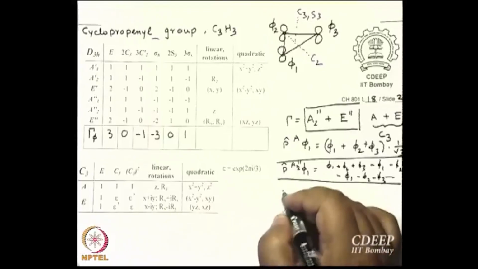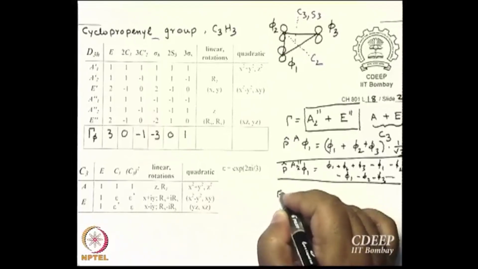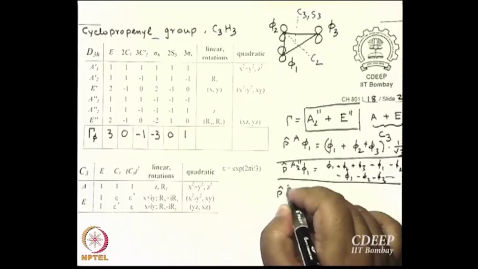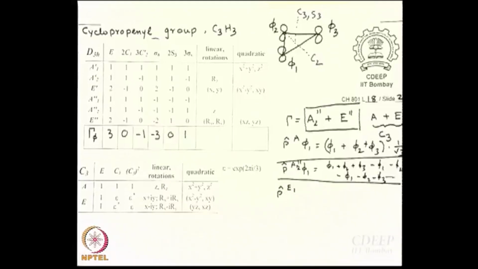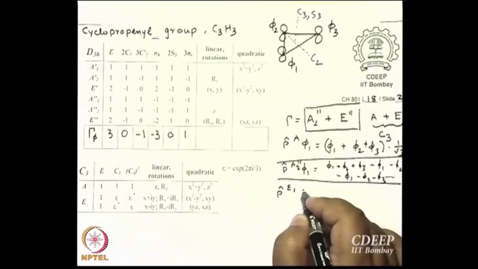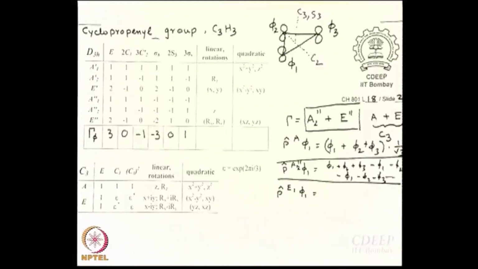Okay. So next, let us use the projection operator of E1. What is E1? The first line of 1, epsilon, epsilon star, on phi 1. What do you get? Tell me.